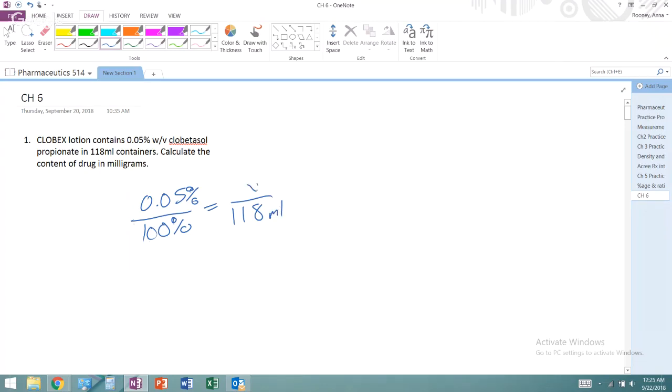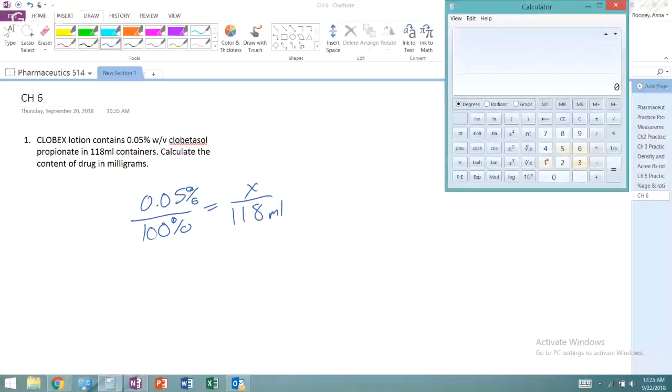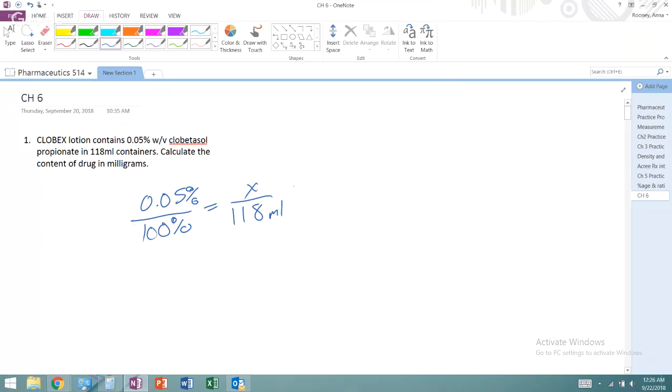So X. You cross multiply: 0.05 times 118 and then divide by 100. That gives 0.059, which is 59 milligrams when you multiply this by 1,000, because this is grams.